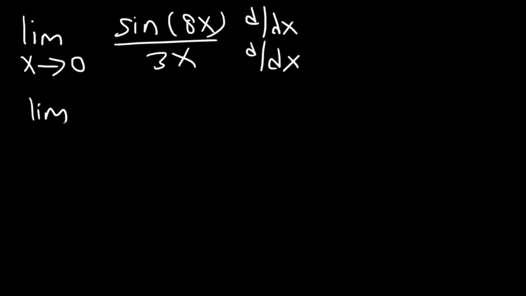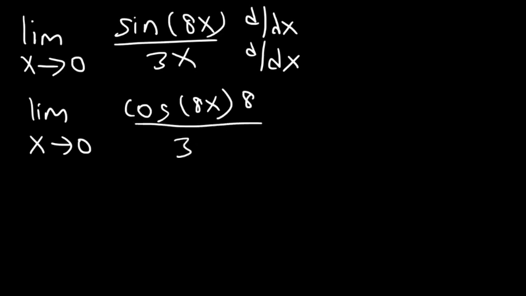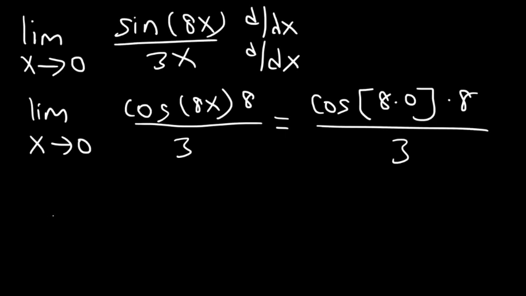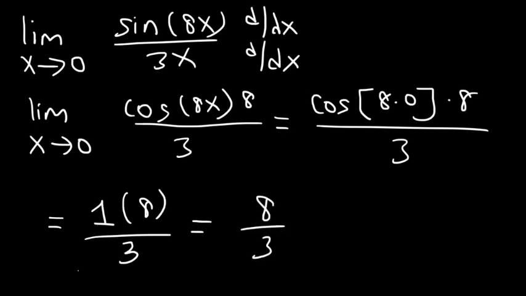So if I see the derivative of the numerator, sin 8x derivative, it will be cos 8x multiplied by 8 divided by 3x, derivative is 3, hence it will be cos 8x, 8 into 0, that is 0, so answer will be 1 into 8 divided by 3, which is 8 by 3. So like this we can solve many questions regarding L'Hospital rule.